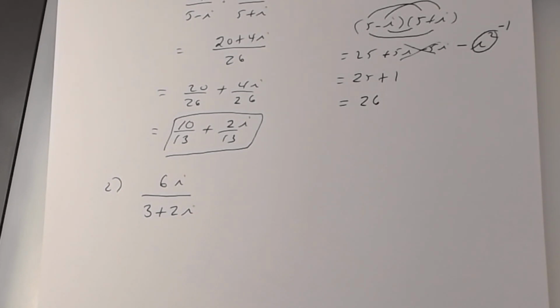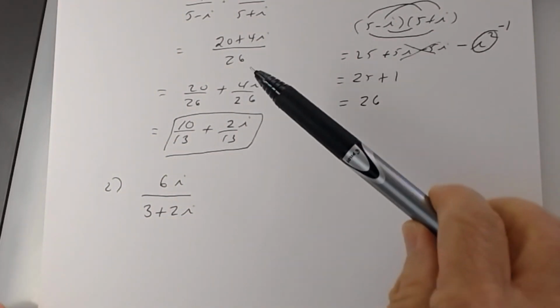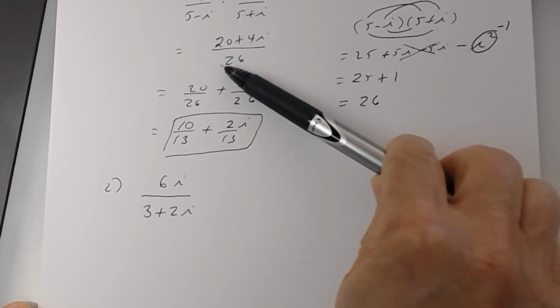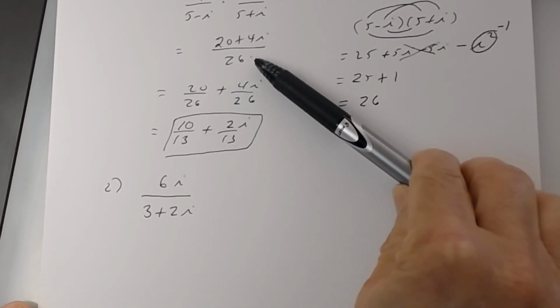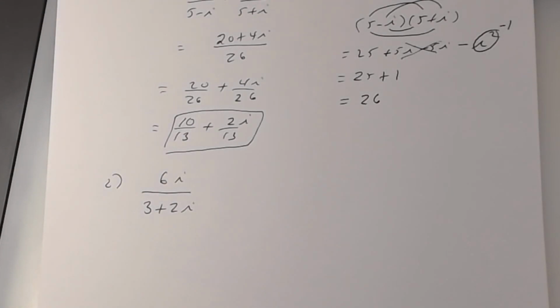So remember, you have that i in the denominator, and you don't want an i in the denominator. Notice when I did the last one, did I end up with a rational number in the denominator? Yes. The i is not there anymore.